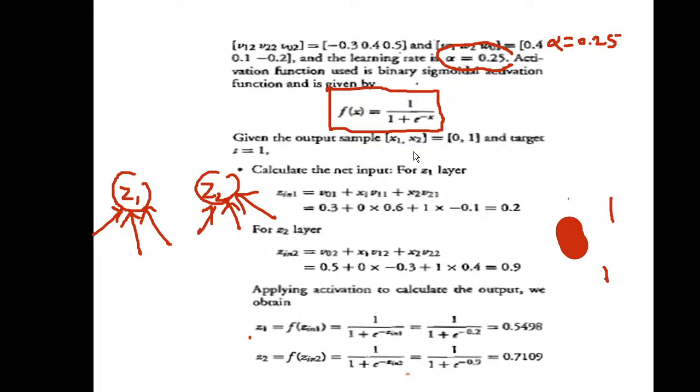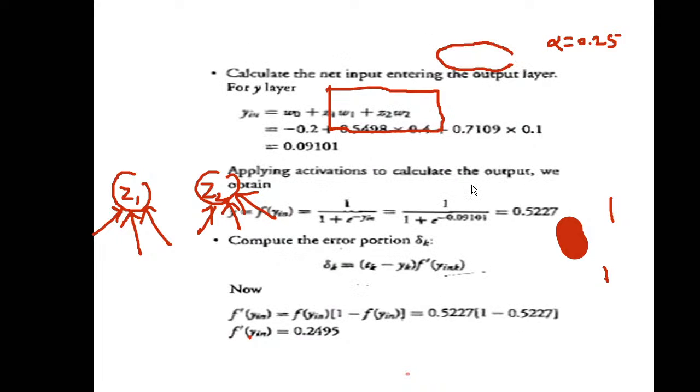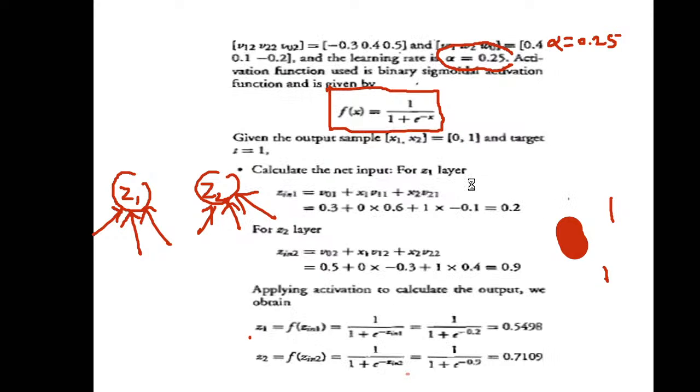Now the given sample is x1 and x2 as 0, 1, and the target is given as 1. So first let's find out z in 1. The total net input at this particular neuron I will denote as z in 1, the total net input at z1.